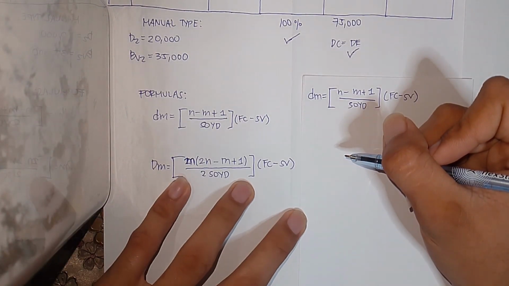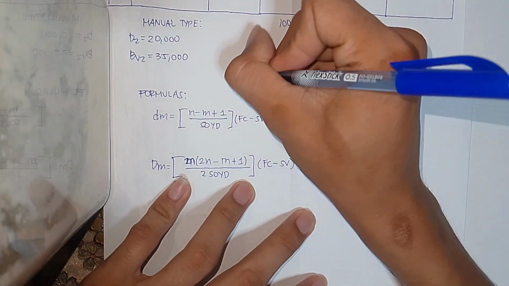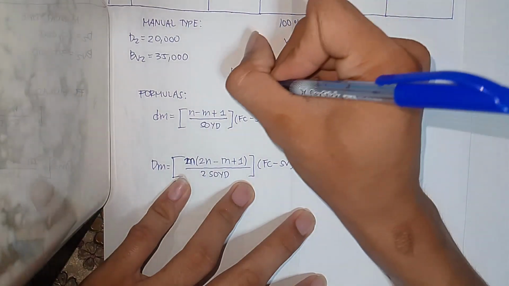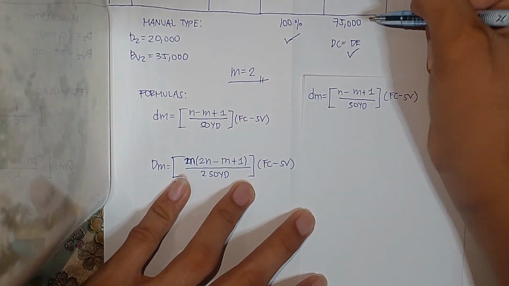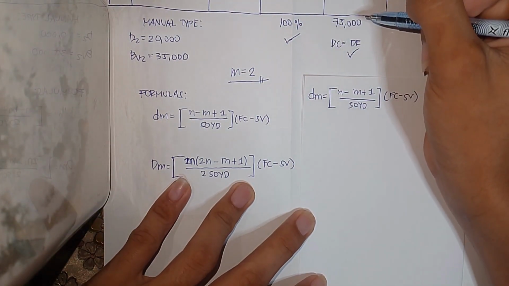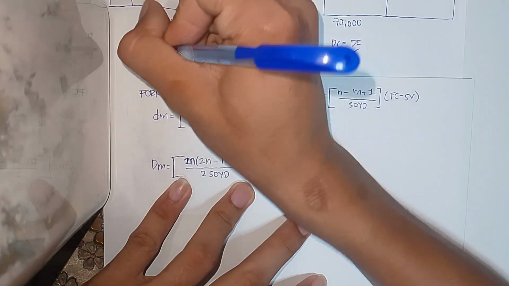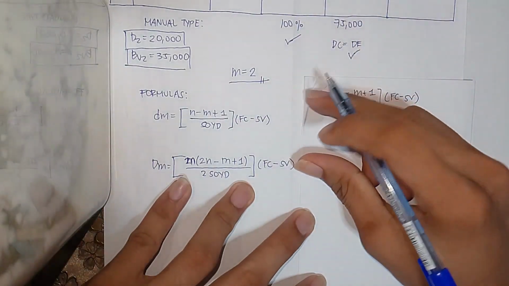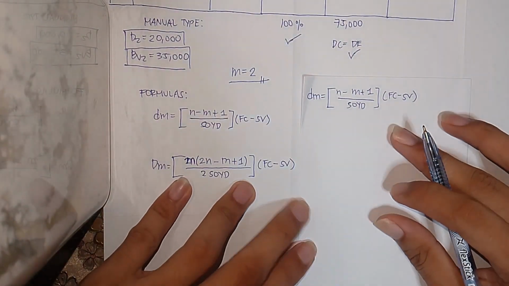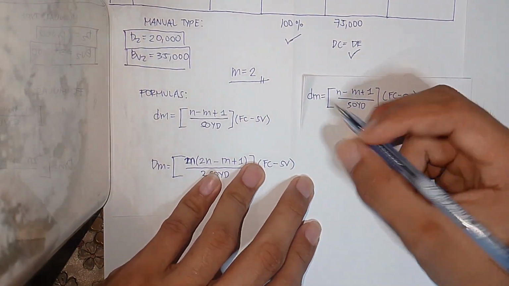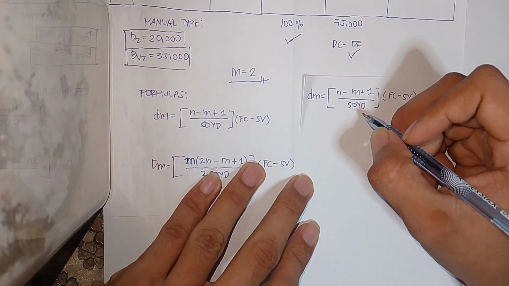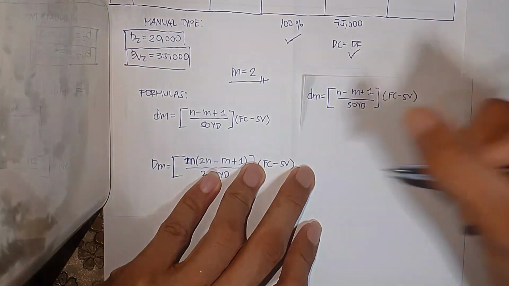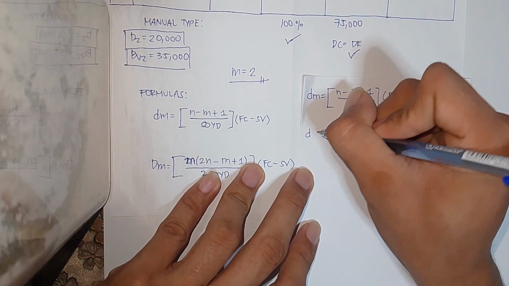So our m for this problem is 2, because we are solving the depreciation at second year and the book value for second year. Using the first formula, Dm is equal to (n minus m plus 1) over SOYD times first cost minus salvage value. Substitute the values.